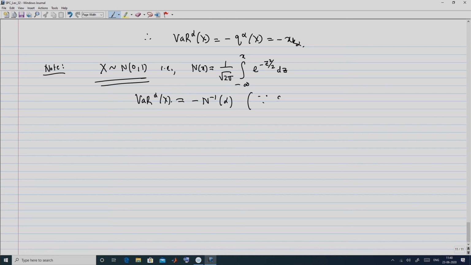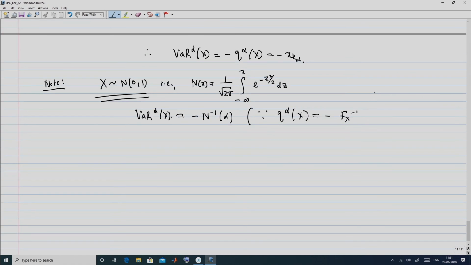The reason is that we make use of the result that the upper quantile q alpha of x is minus F x inverse of alpha. You will recall one of the results, and since the cumulative distribution is the cumulative normal distribution, that is why I get minus n inverse of alpha. This holds if F x is continuous and strictly increasing, which is the case for the normal distribution.